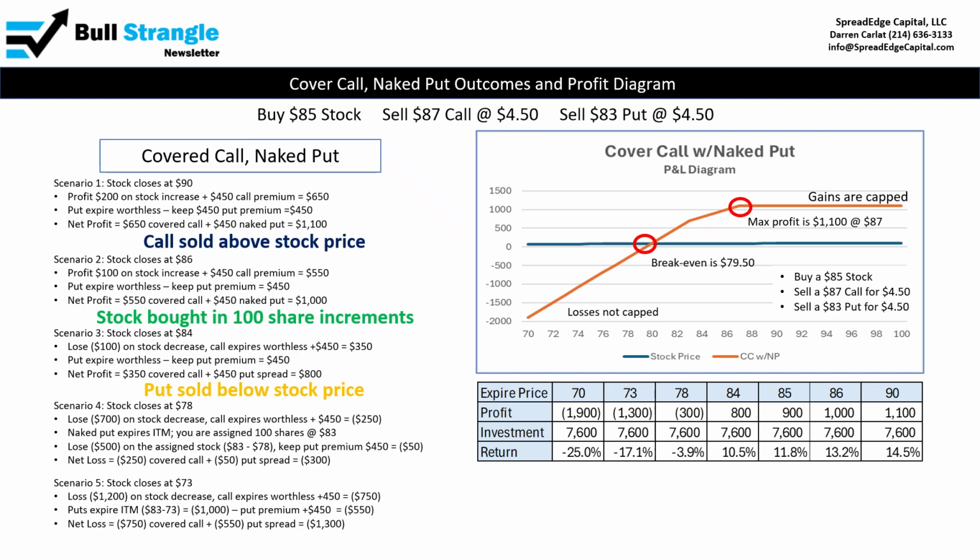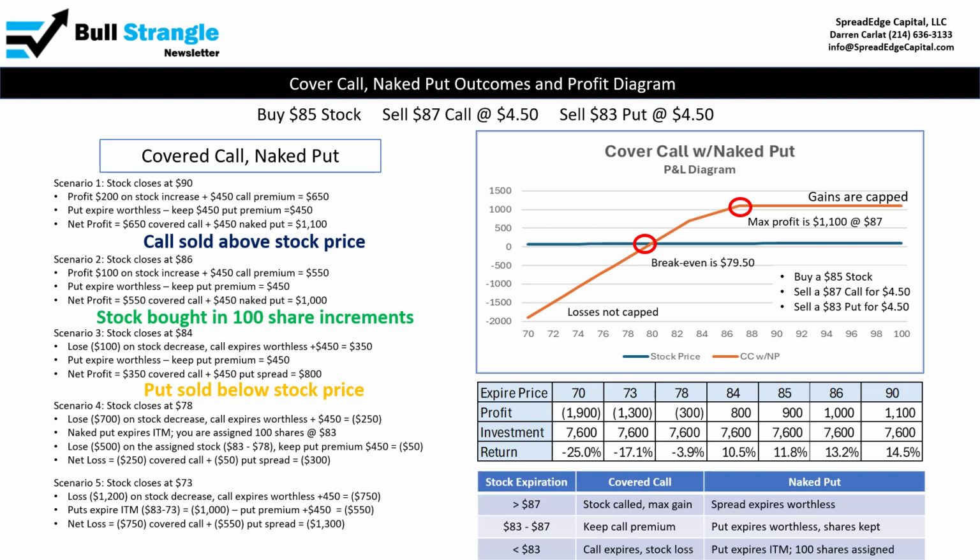Now, on the right side, as I mentioned, we have a range of profit and loss based off of different areas. But I also include this table that shows the different scenarios that happen. Above $87, the stock is called away and we have our max gain. The spread expires worthless.